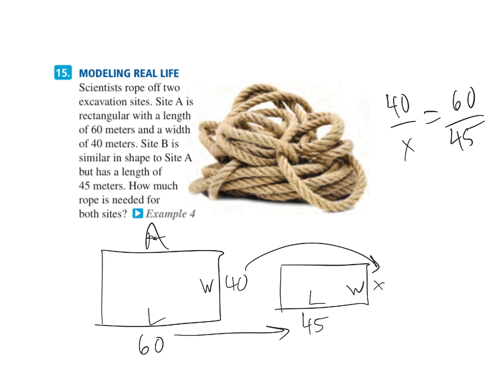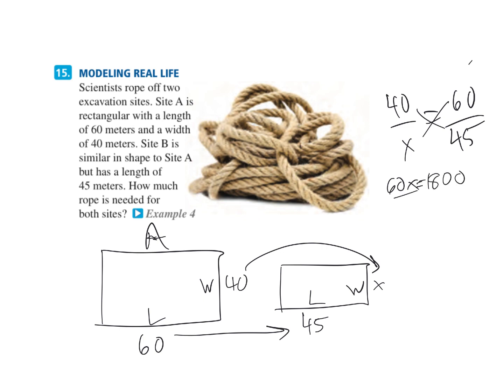And now we can figure out what x is, or the width of the smaller lot. So cross multiply, that's 60x equals 40 times 45. So take your calculator. You could do it without it, but we'll go ahead and use our calculators here. 40 times 45, and that gives me 1800.